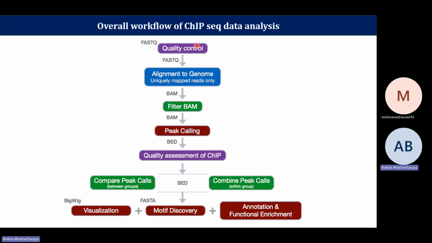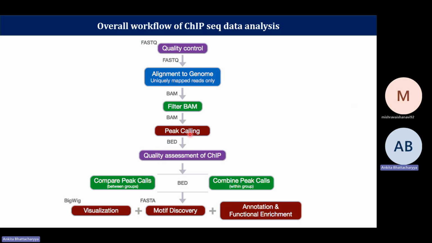Then you have genome alignment, which allows you to map where exactly your sequencing read has come from. The output of this particular step will usually give you a SAM file, which you must convert into a .bam file. Then this needs to be sort of annotated. If you remember, we had discussed annotation the previous time, and that is usually performed by peak calling, which is done to give rise to a bed file.